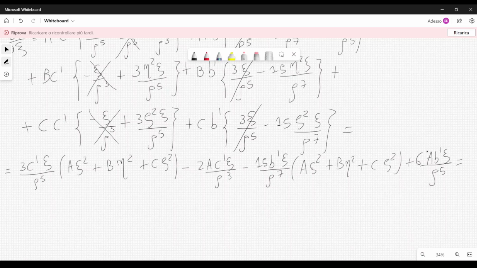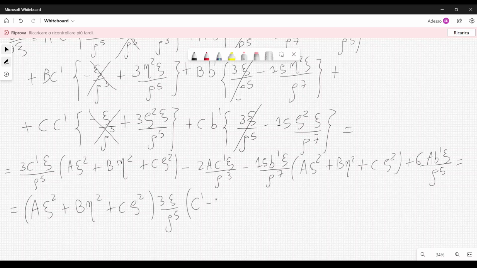We can rearrange this in this manner. A xi squared plus b eta squared plus c zeta squared, which multiplies 3 xi over rho to the fifth power, here we have c prime minus 5b prime over rho squared. Then we have minus 2c prime a xi over rho cubed plus 6b prime a xi over rho to the fifth power.